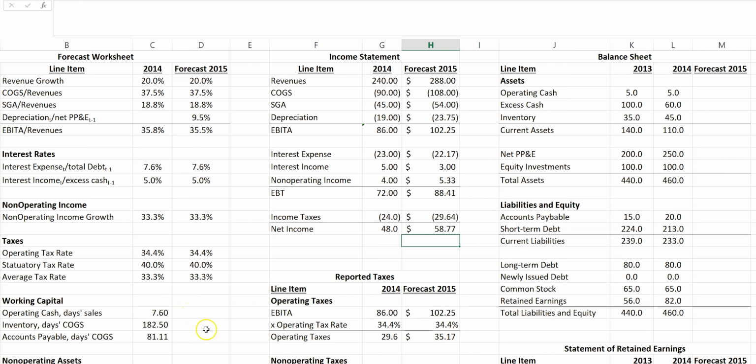And so when we're talking about working capital, we want to forecast these in terms of days sales or days cost of goods sold. So we do two things. First, we say, okay, the firm's got operating cash. What is its primary driver of operating cash? That's going to be how much cash it needs to operate, and that's going to be determined by its size.